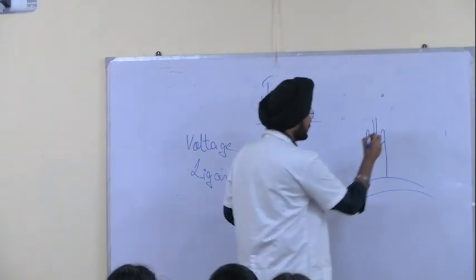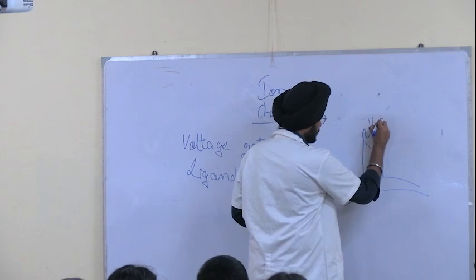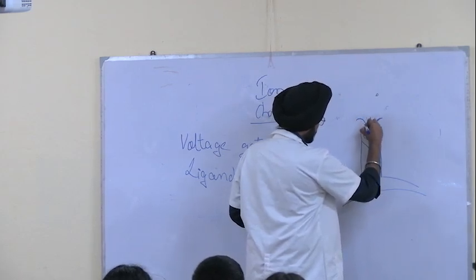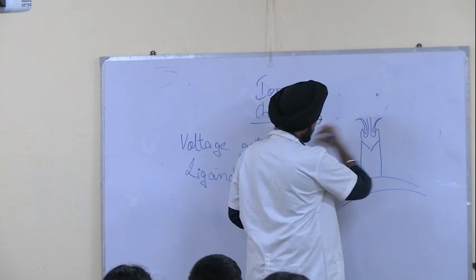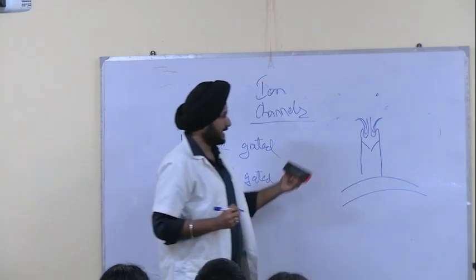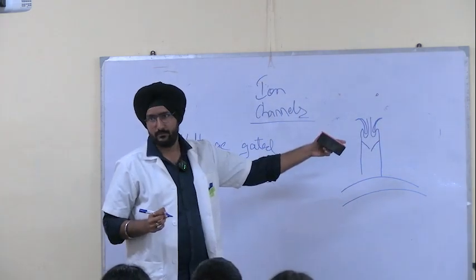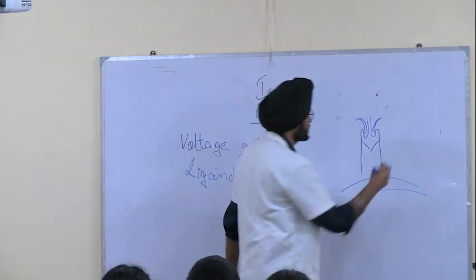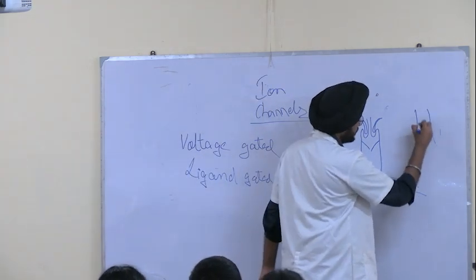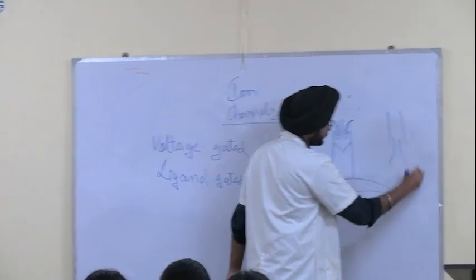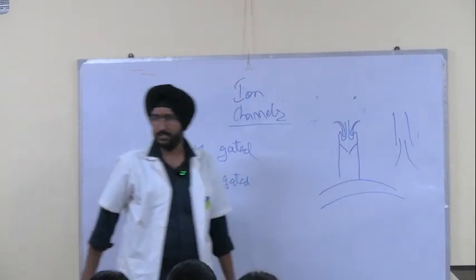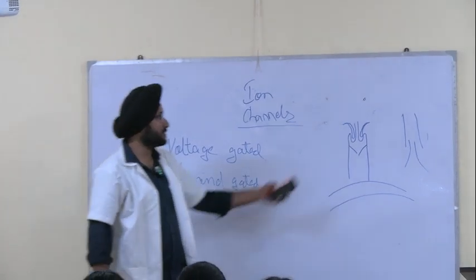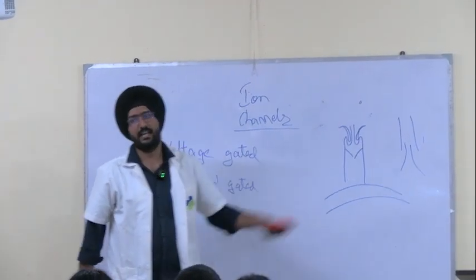Now, the ligand gets attached in this region which wasn't occupied and the channel opens. Okay, this is how ligand gated channel works. The trigger mechanism is attachment of specific ligands.